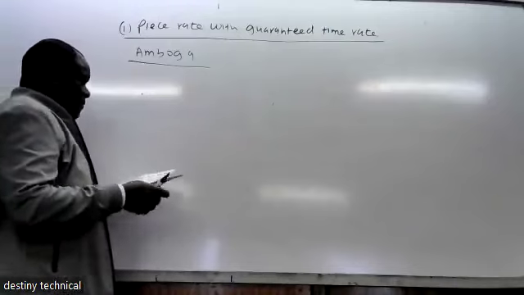We can refer to it as the basic pay. So basic pay is given. Under the piece rate with guaranteed time rate, the monthly pay is a guaranteed 8,000. So that's now the guaranteed wage.